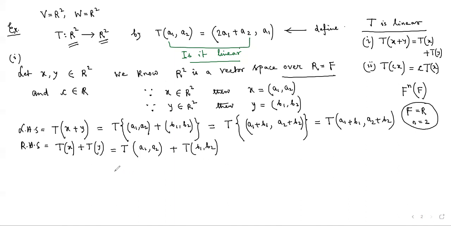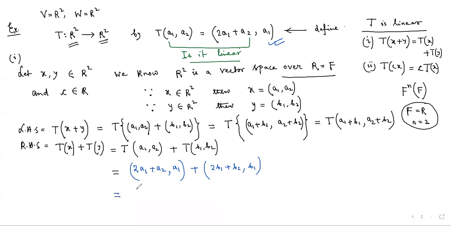Okay, and this, T of A1 comma A2, by the transformation that I have written over here, the formula T of A1 comma A2 is given as 2A1 plus A2 comma A1. This is the formula. Similarly T of B1 comma B2 will be 2B1 plus B2 comma B1.